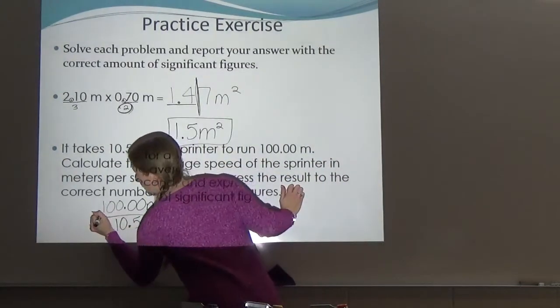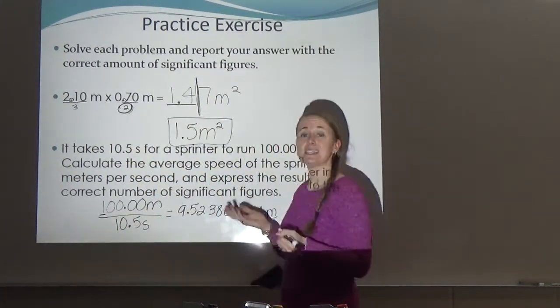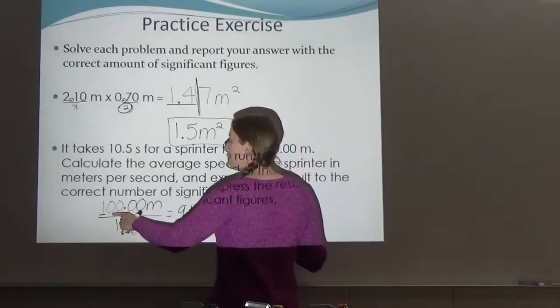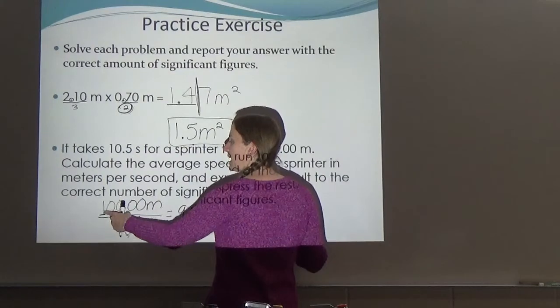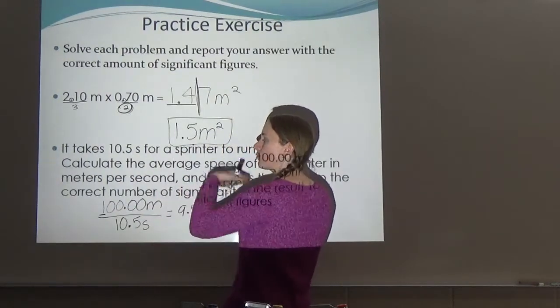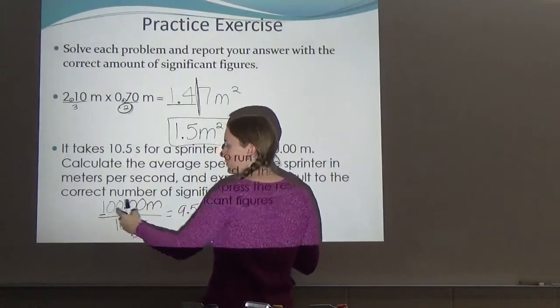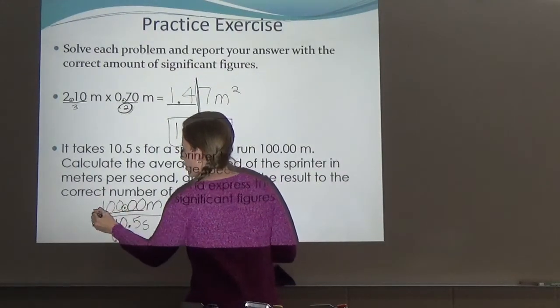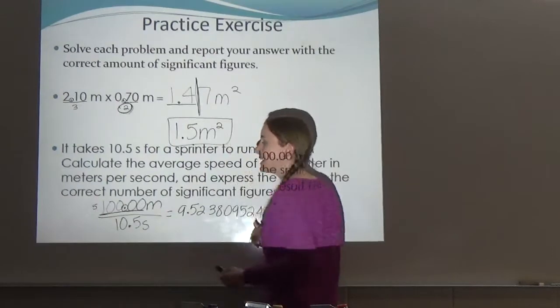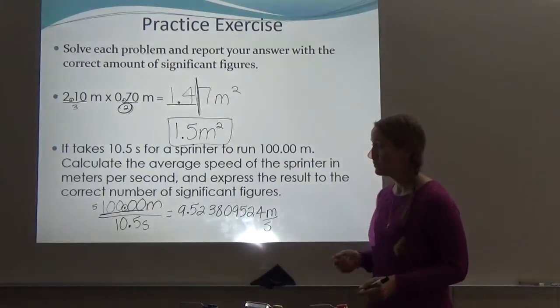We know the 1 is significant because it is not a 0. All of these zeros are back zeros. Remember, it's not based on where the decimal is. Back zeros mean after or to the right of the significant figure, which is a 1. Since I can see the decimal, they are all significant. So this number has 5 significant figures.